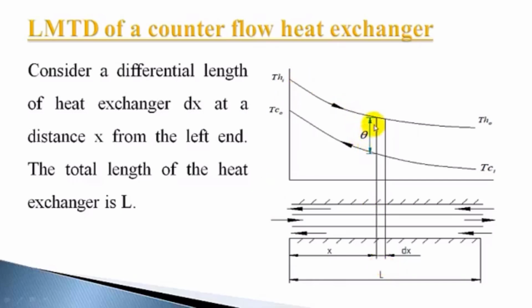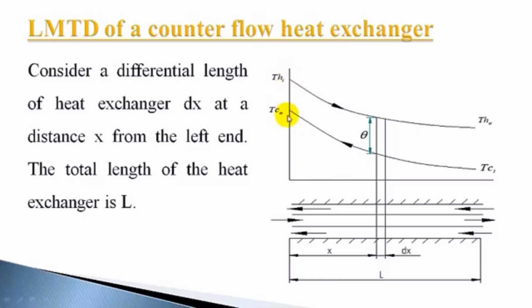Now the temperature difference, that is the difference between the hot fluid temperature and cold fluid temperature, is represented by theta. At any distance x, the temperature difference between hot and cold fluid is represented by theta. The temperature difference at the inlet, which is the left side of the heat exchanger, we will represent as theta i, and in this case for a counterflow heat exchanger it is Thi minus Tc0.